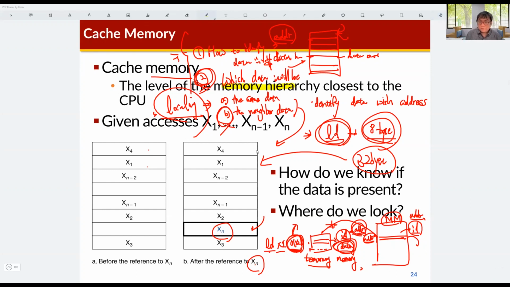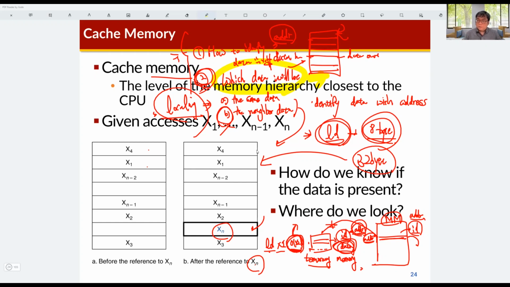So which data will be stored? I explained that we need to exploit locality of data observed in the application. In order to exploit this locality, like spatial locality and temporal locality, if a certain data is requested by a processor, then this requested data is stored in the cache, and then neighbor data are also stored in the cache.